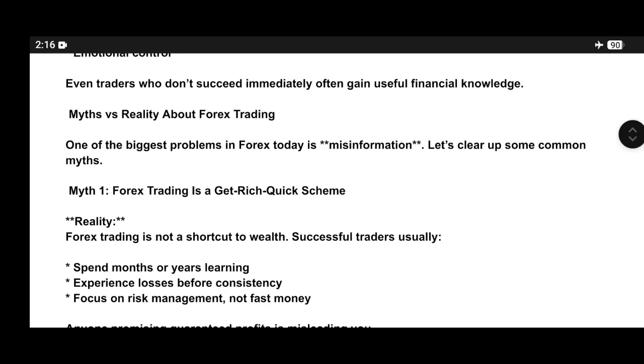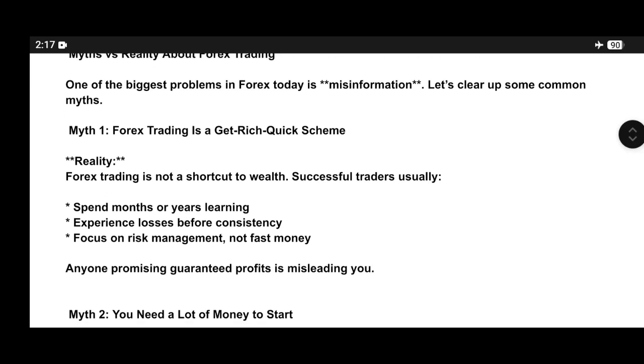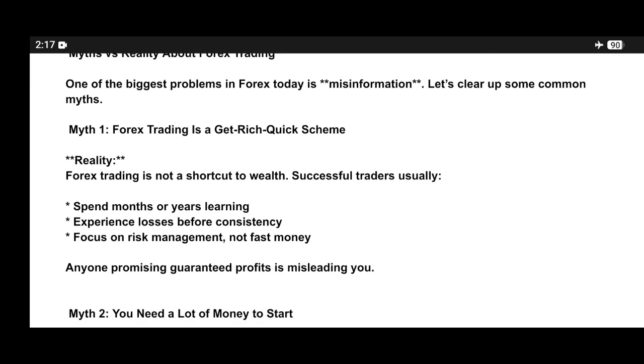But the reality is this: forex is not a shortcut to wealth. Successful traders usually spend months or years learning, experience losses before consistency, and focus on risk management, not fast money. Anyone promising guaranteed profit is misleading you. I get my point.